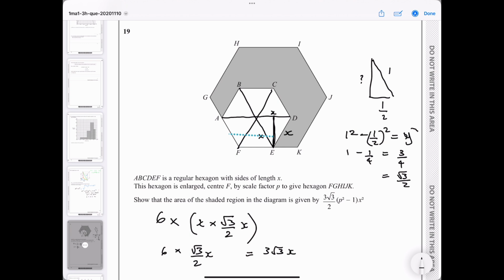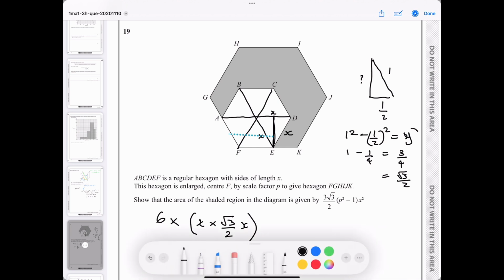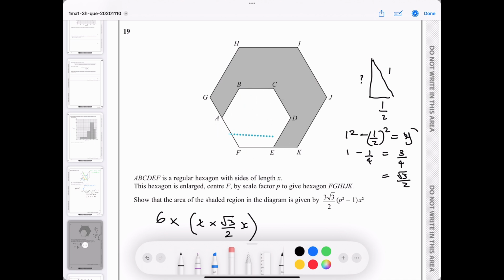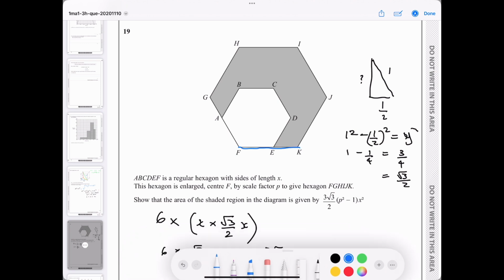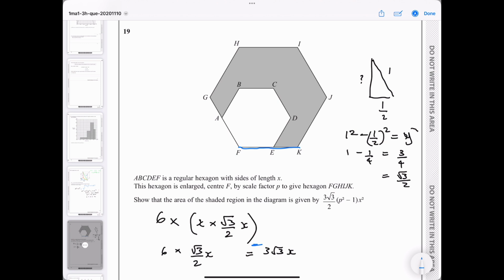So that's what that bit equals. I might get rid of the stuff in the middle because now I've got to think about proportion. Right, now, let's just look at this. So this bit here, I'm going to have to take that one away.